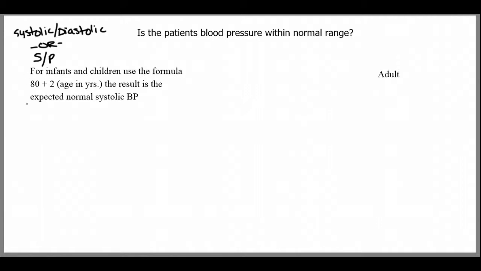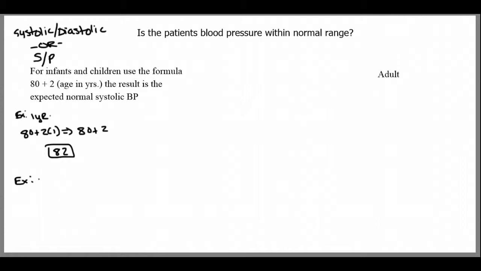For infants and children, you use the formula 80 plus 2 times the age of the patient in years, and the result is the expected normal systolic blood pressure. So, for example, say your patient is 1 year old. You would take 80 plus 2 times 1, which is 80 plus 2, and the result is 82.